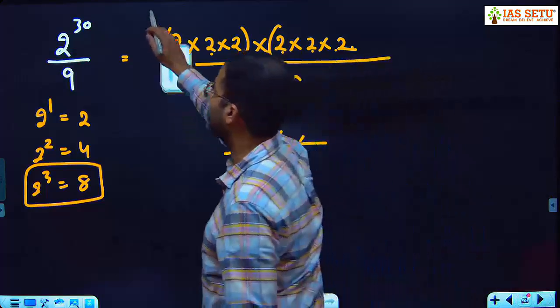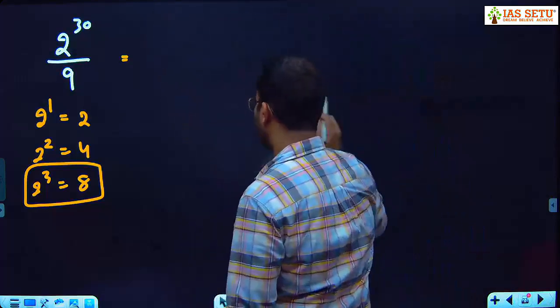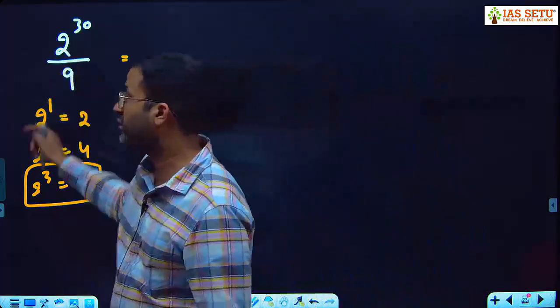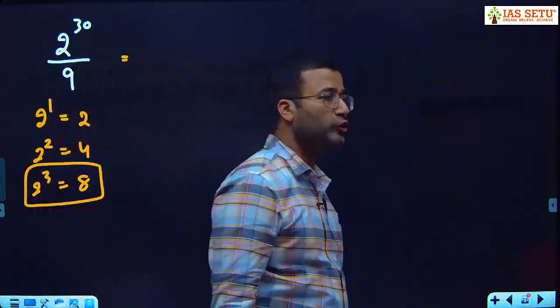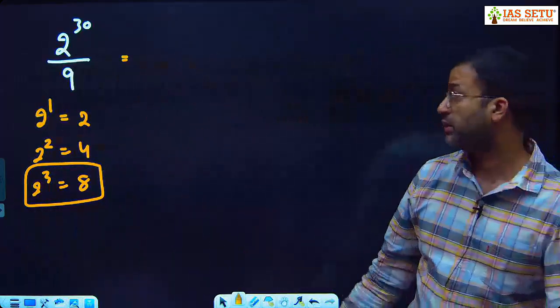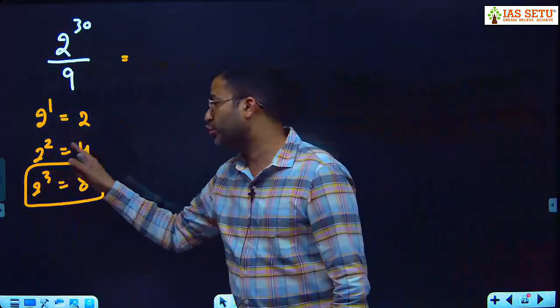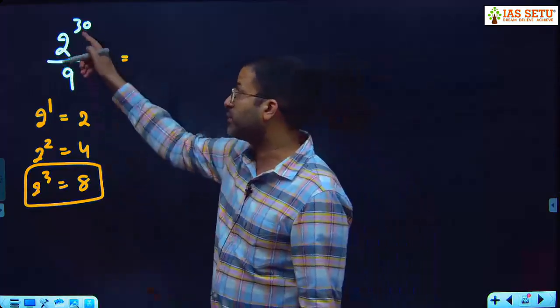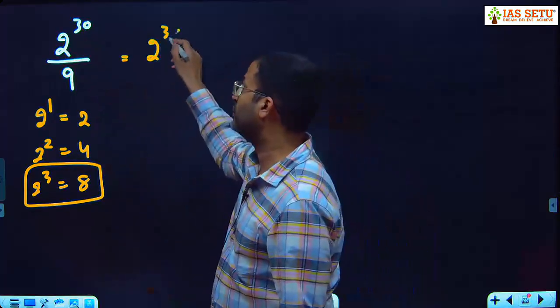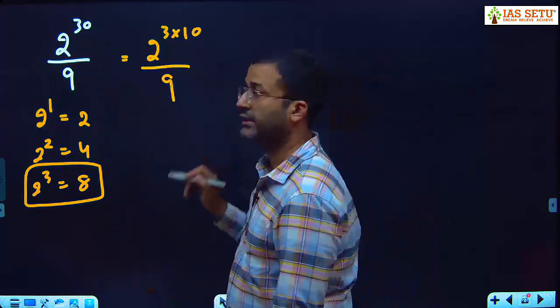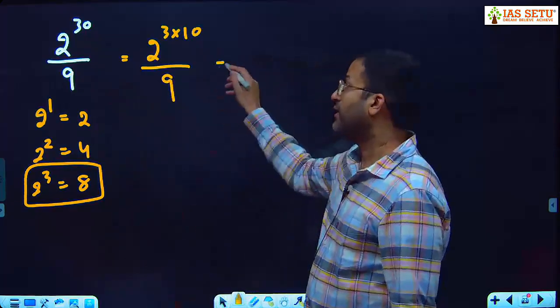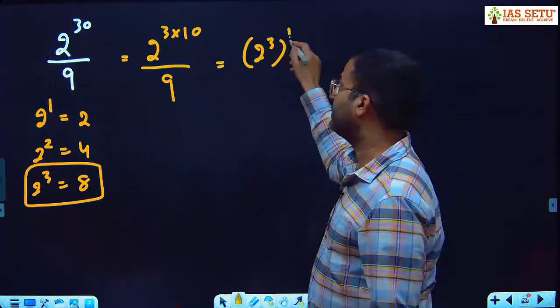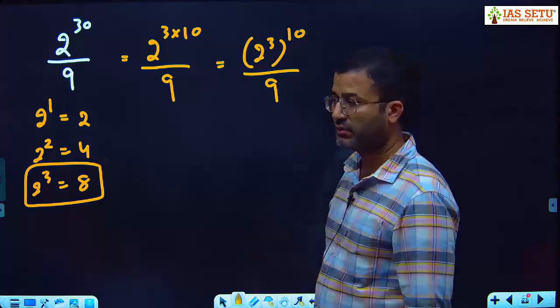So my question is 2 to the power 30 divided by 9. Step number 1, we are looking for a power of 2 near to 9, 1 extra or 1 less. 2 to the power 1 is 2, 2 square is 4, 2 cube is 8. It is 1 less. Then we express 2 to the power 30 as (2 to the power 3) to the power 10 divided by 9, as per the rule.